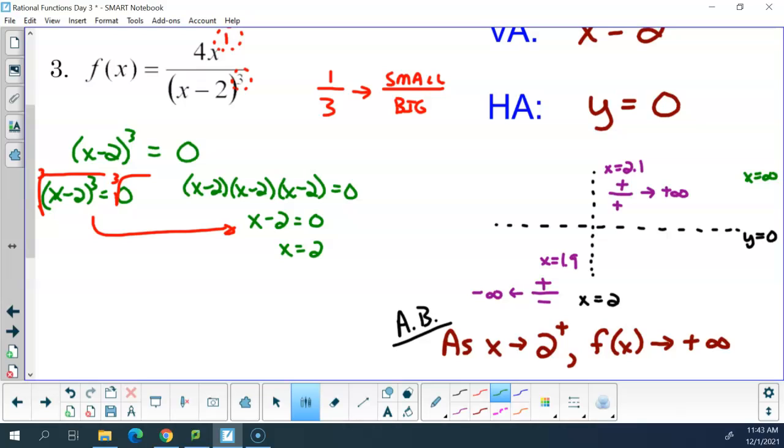Put positive infinity in the top. Positive or negative? Positive. Put positive infinity in the bottom. Still positive, because we have a positive number multiplied by a positive number, multiplied by a positive number. Positive divided by a positive? Positive. So this one's going to 0 from above.